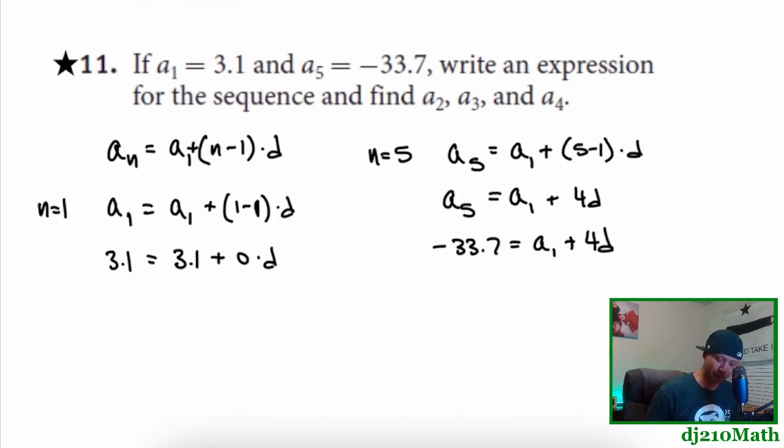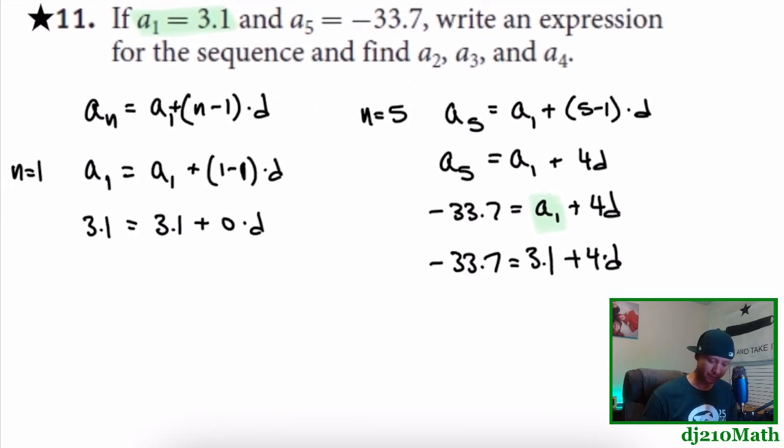We don't even need a system of equations because you probably already saw it, right? A sub 1 is 3.1, and look, I have an a sub 1 right there. So actually, we can say negative 33.7 is equal to 3.1 plus 4d, which is the common difference.